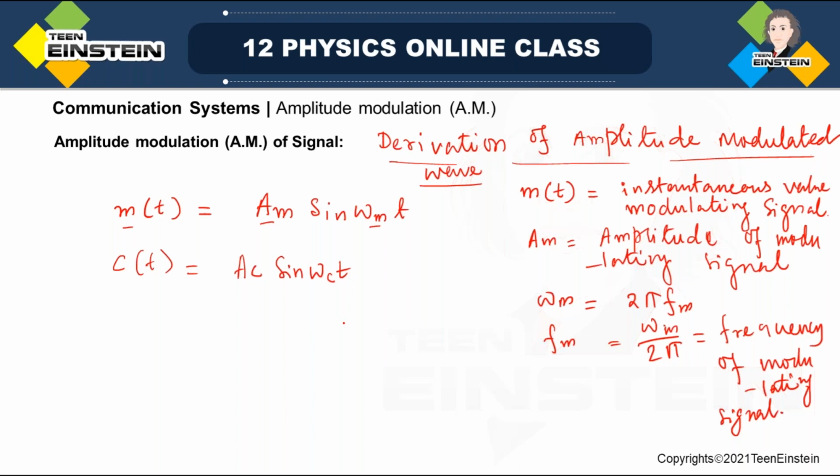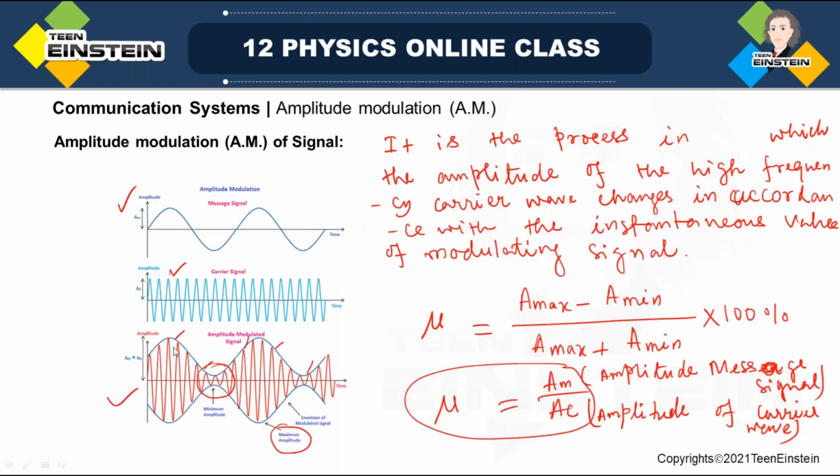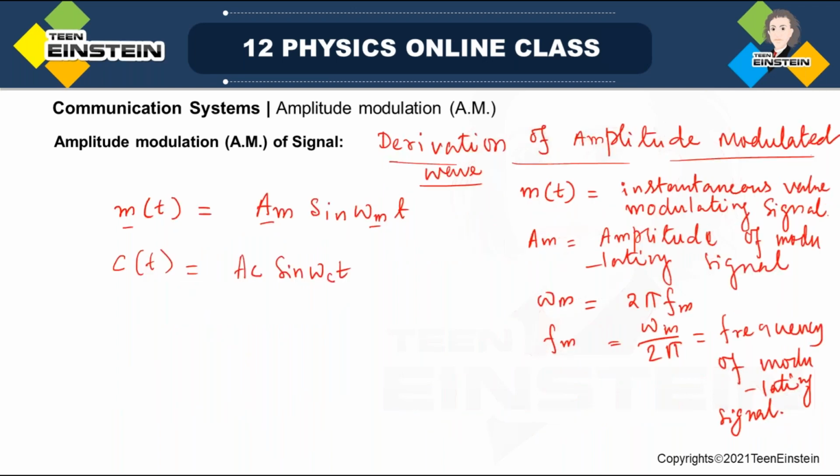So the amplitude of the modulated signal will vary with the frequency of the modulating wave.